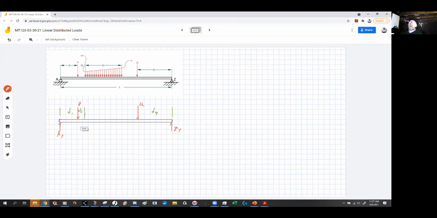loads. One is a uniformly distributed load, and this one is the short side high. So this one is M high. On top of that is a linearly distributed load.